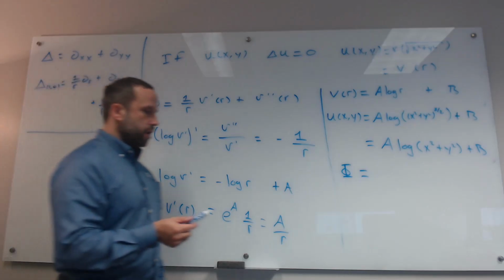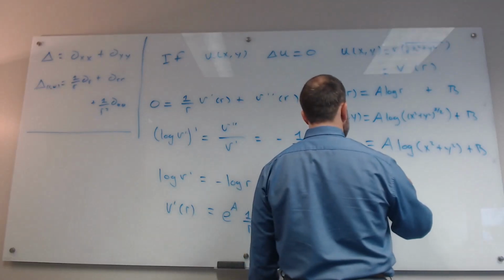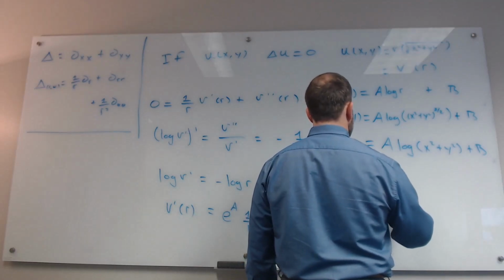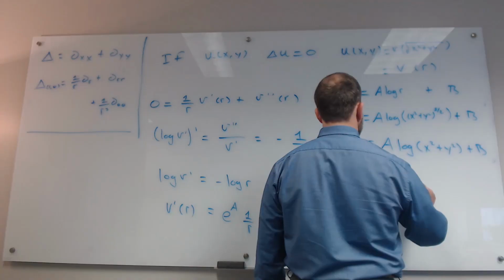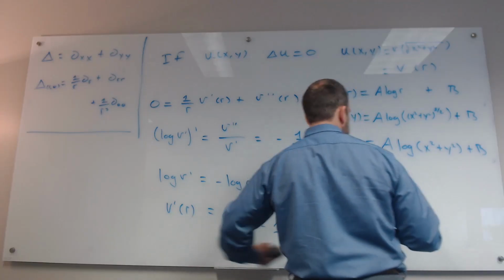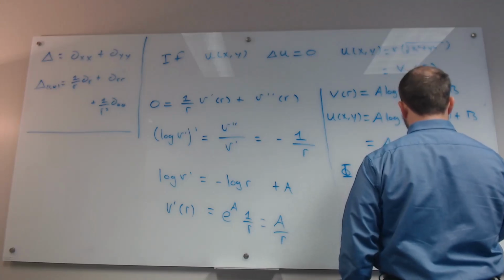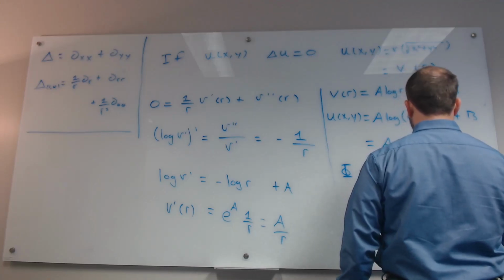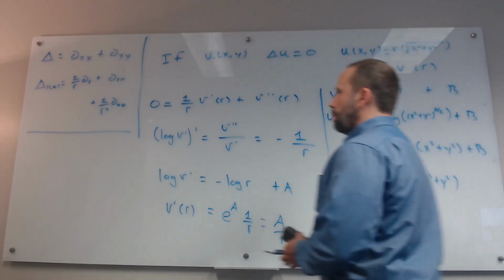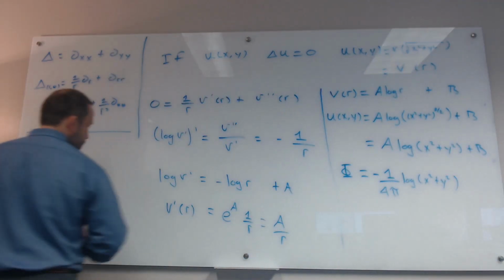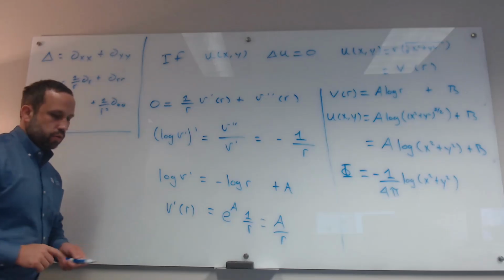And the value of a we're going to pick is much less obvious, but it's going to be minus 1 over 4 pi times log of x squared plus y squared.